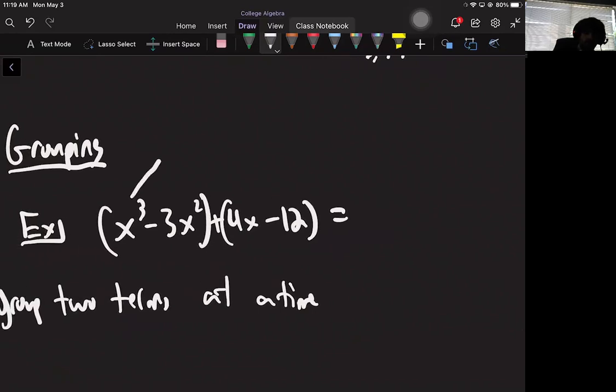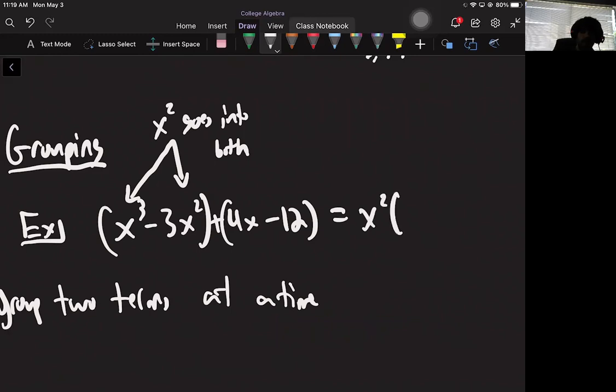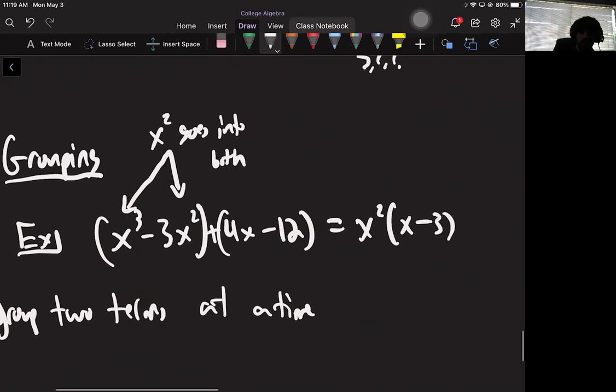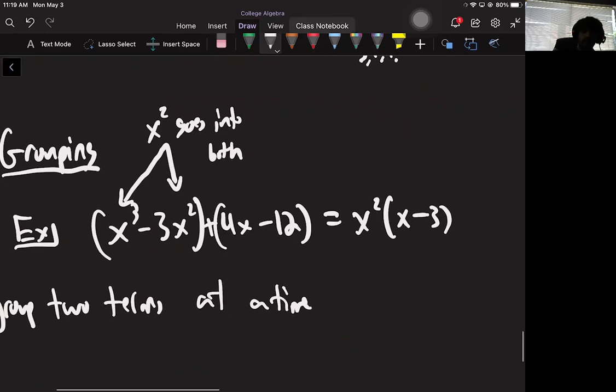So for example, what goes into both x cubed and negative 3x squared? x squared goes into both. So from the first two terms, we'll take out an x squared, and what's left? Well, I only have one power of x left there, and no powers of x, but I still have my negative 3. I didn't take out a negative 3 or anything, so that's there.